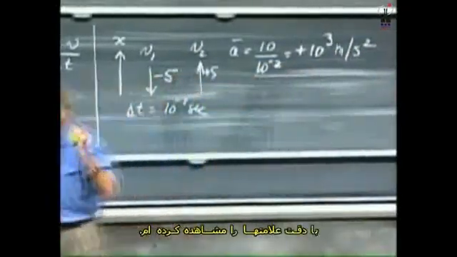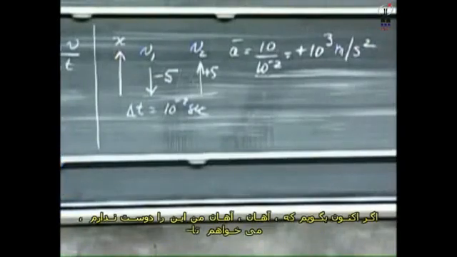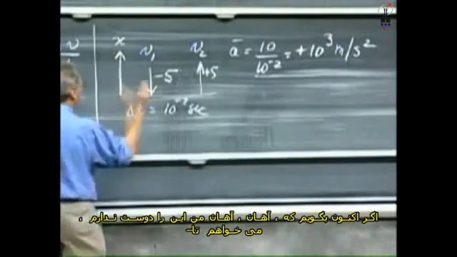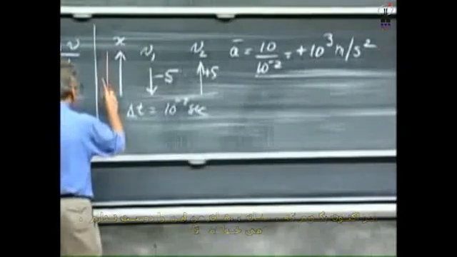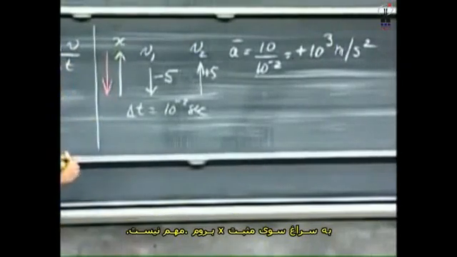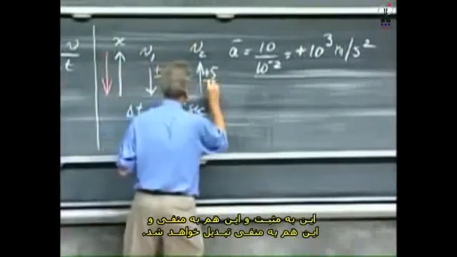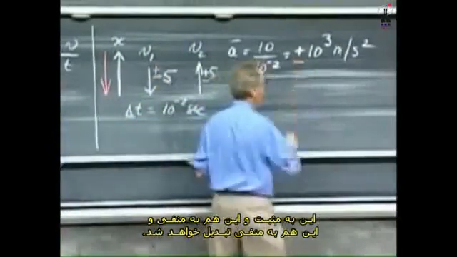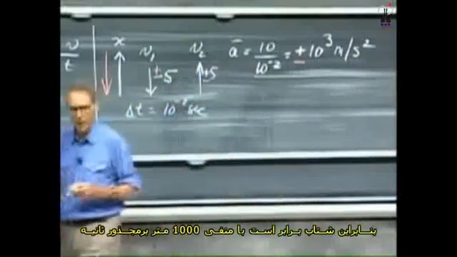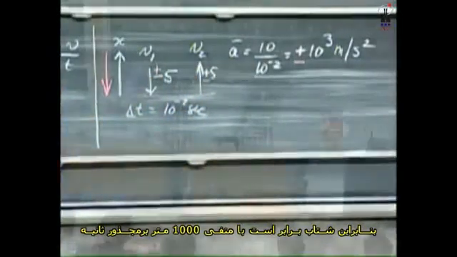I have observed carefully the signs. If now I say, aha, I don't like this, I want to call this the direction of increasing x, no big deal. This will become a plus, this will become a minus, and then the acceleration becomes minus 1,000 meters per second squared.